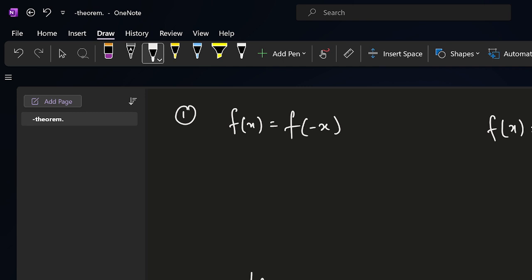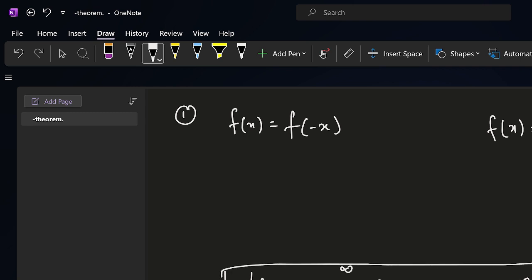And the theorem was: limit lambda tends to 0, lambda times the sum over n equal to 1 to infinity of f(lambda n), equal to half of the integral from minus infinity to plus infinity dx f(x).